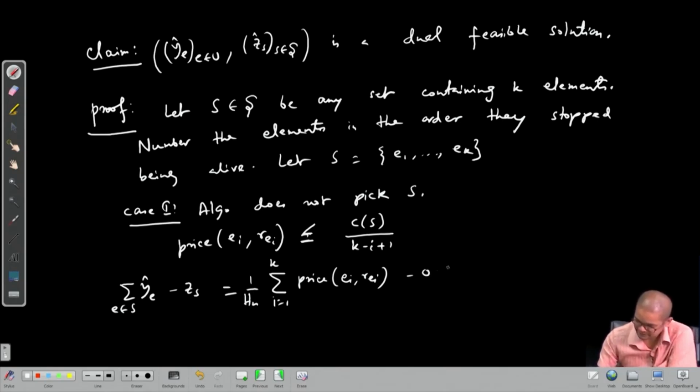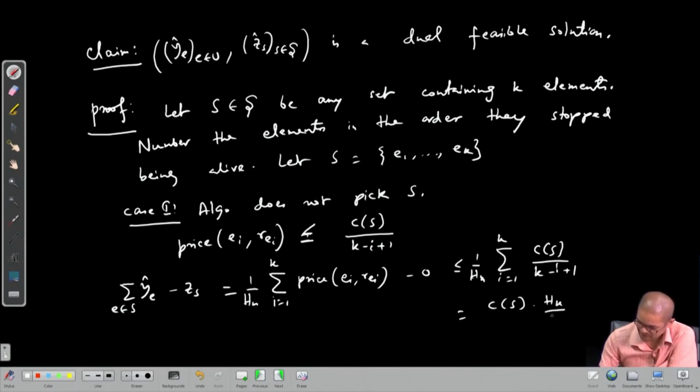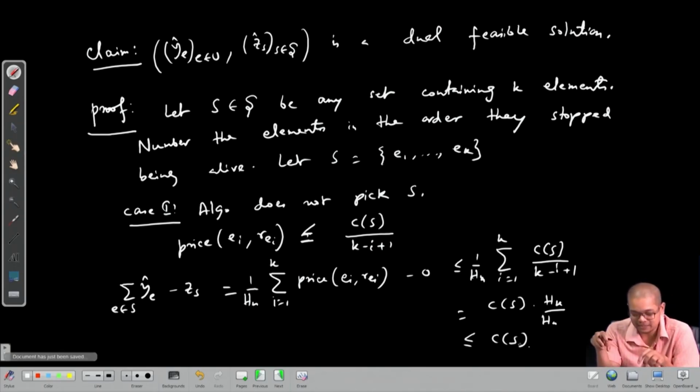But the price is bounded as above, so this is less than or equal to 1 over H_n times the summation of c_S by (k minus i plus 1), i equal to 1 to k. So this is c_S times H_k by H_n, which is less than or equal to c_S. So the constraints are satisfied when S is not picked.